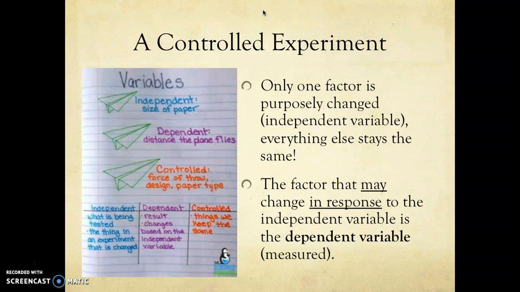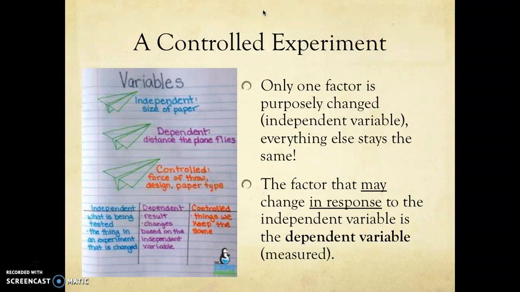Or maybe we might take the same piece of notebook paper, and maybe we'll only use a half sheet or a whole sheet. So the thing that we are changing is the independent variable. So in this case, the size of the paper is the thing we're changing. That's our independent variable. Now the dependent variable is whatever we're measuring. So for example, if we're measuring how far the airplane flies, that's our dependent variable.